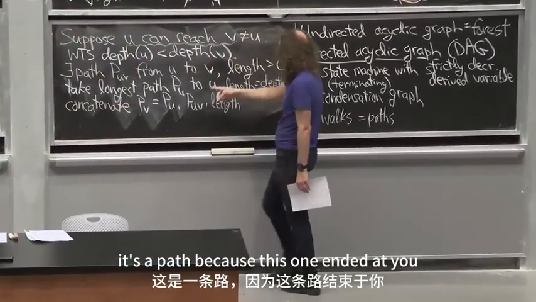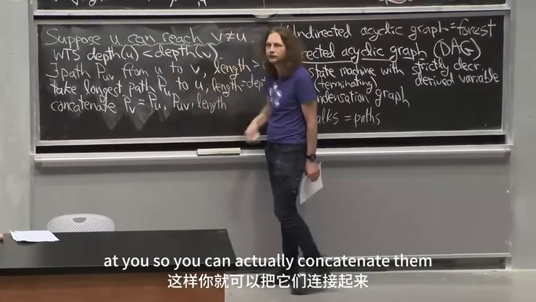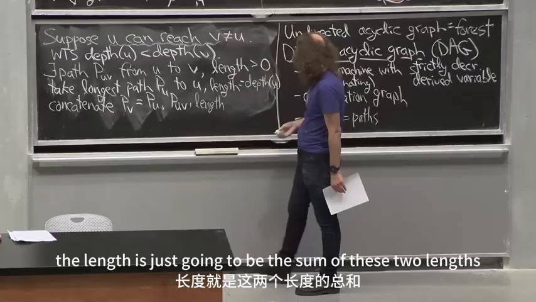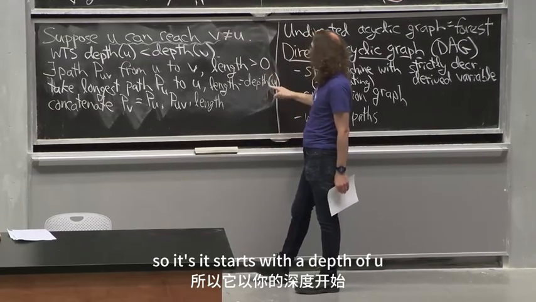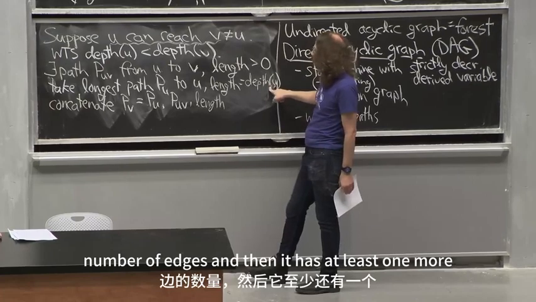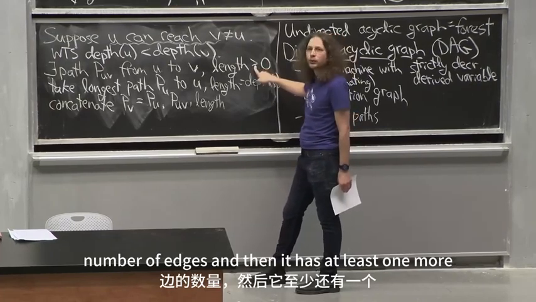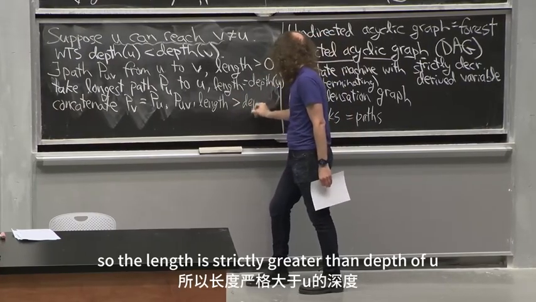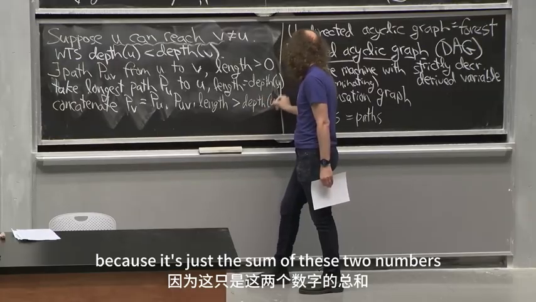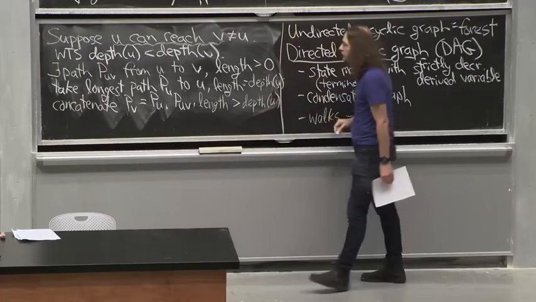First of all, it's a path because this one ended at u and this one starts at u, so you can actually concatenate them. The length is just going to be the sum of these two lengths. So it starts with a depth of u number of edges, and then it has at least one more. So the length is strictly greater than depth of u, because it's just the sum of these two numbers.